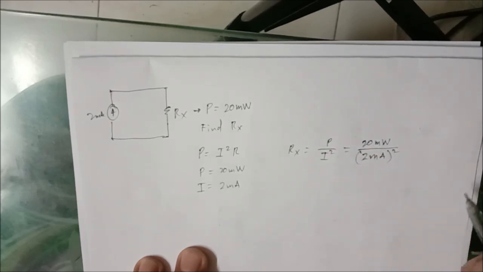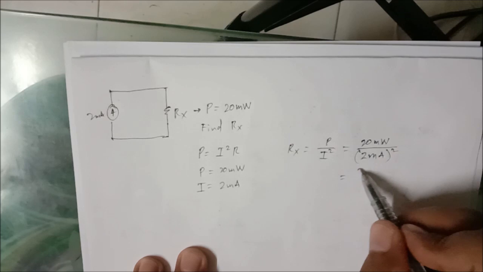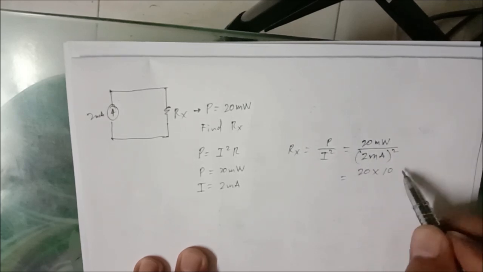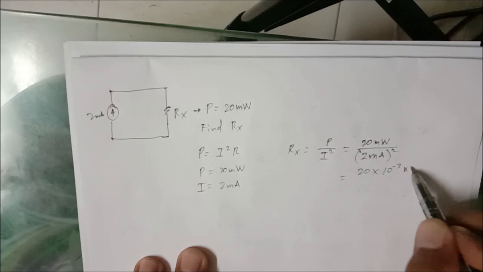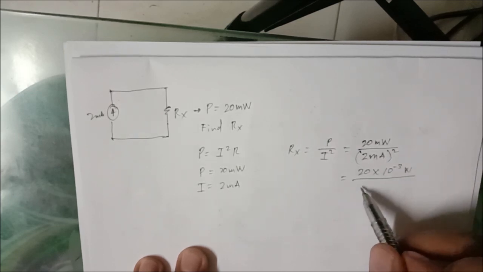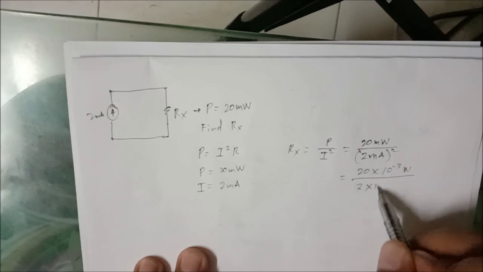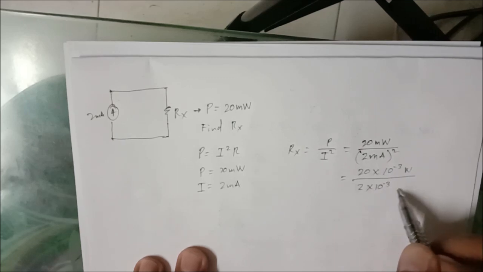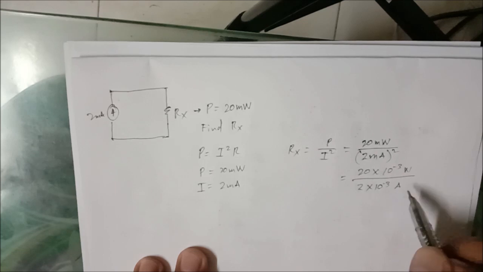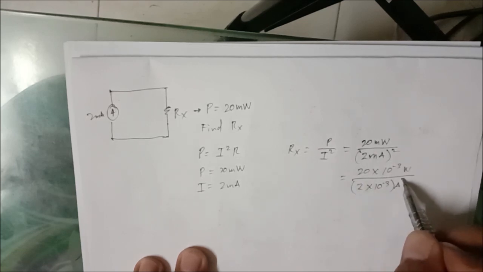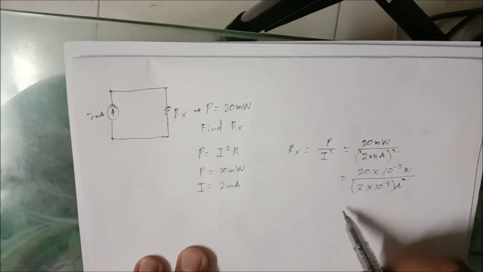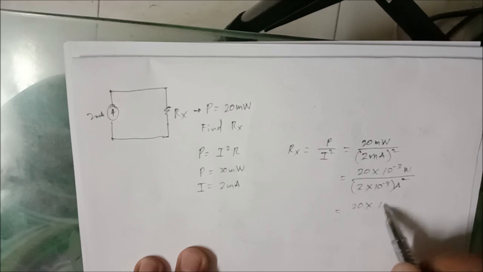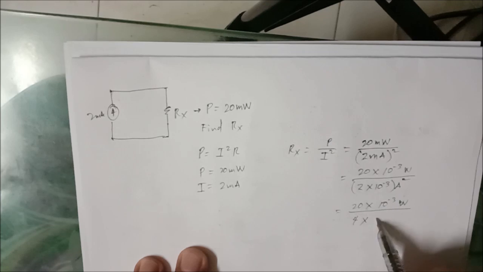Okay? So, this is equivalent to 20 times 10 raised to negative 3 watts all over 2 times 10 raised to negative 3 amperes. Square natin yan. Okay? So, this is equivalent to 20 times 10 raised to negative 3 watts over 4 times 10 raised to negative 6 amperes.